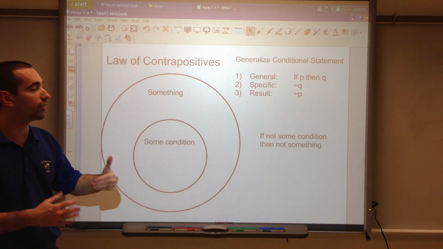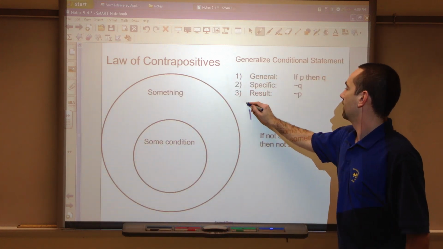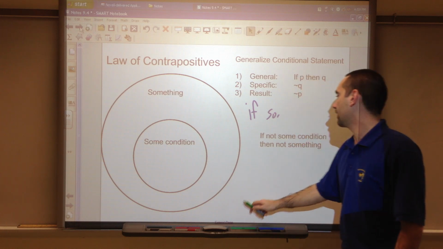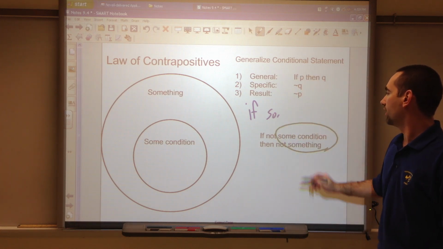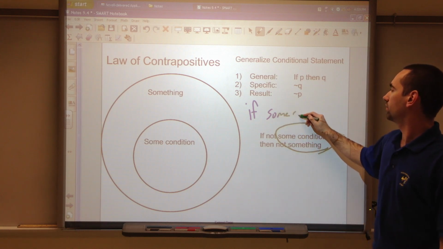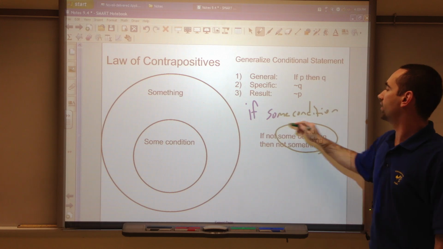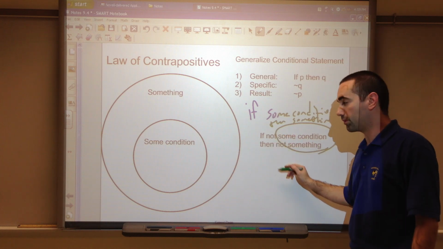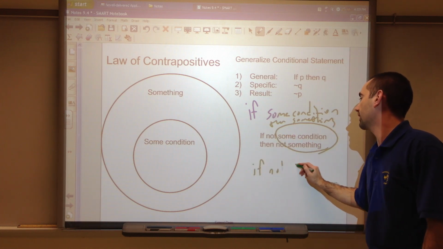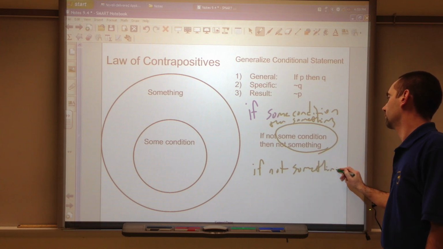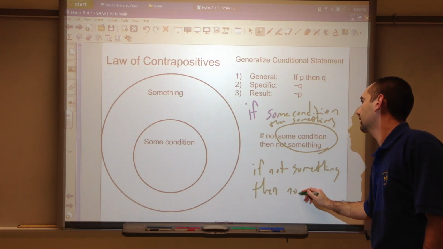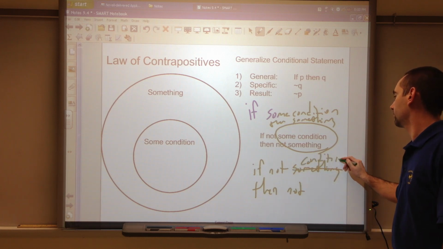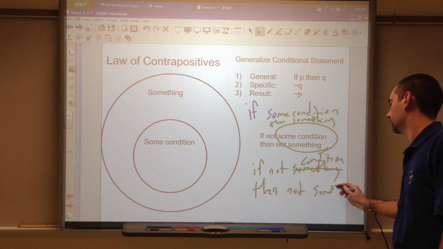So I have things flipped around. Our normal statement is if some condition, then something. Sorry, this is flipped around actually. These are supposed to be flipped. So this should say if not something, then not condition.